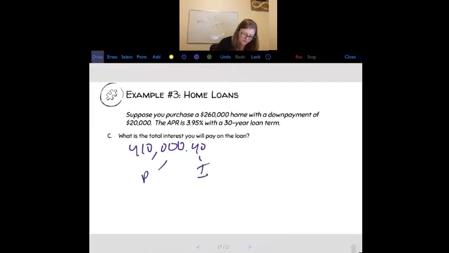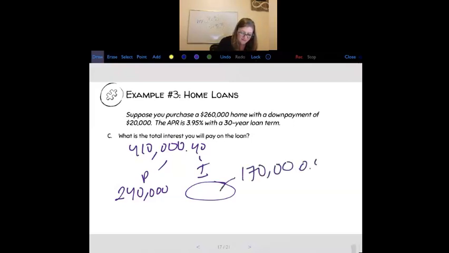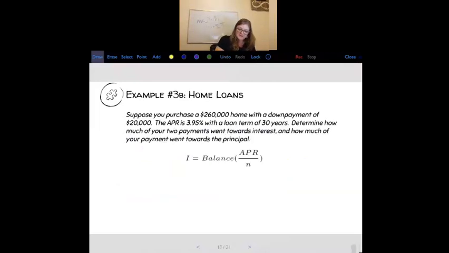Now we know the principal is $240,000. From there, all we have to do to determine the interest that was paid is take the total amount paid minus the principal, or the total amount financed, to get $170,040.